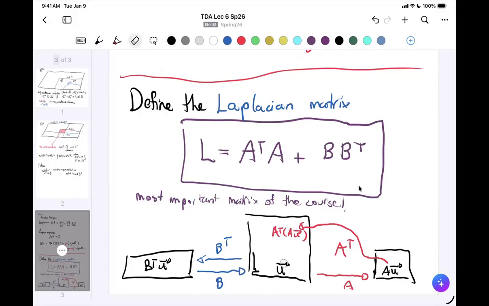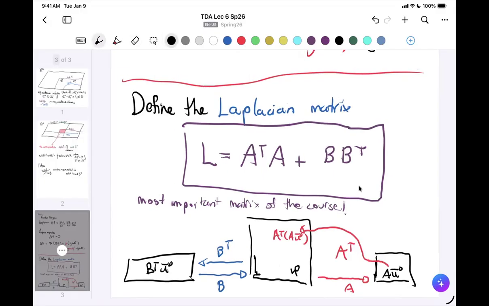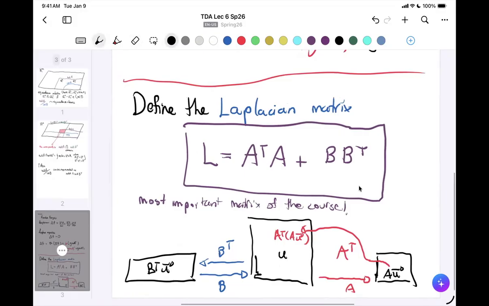And once you're there, if you want to go back to the state you were in, you hit it with B, and you get B of B transpose u.